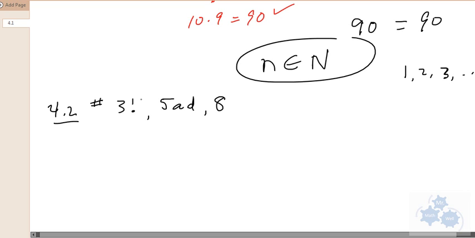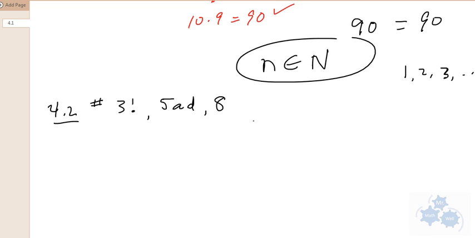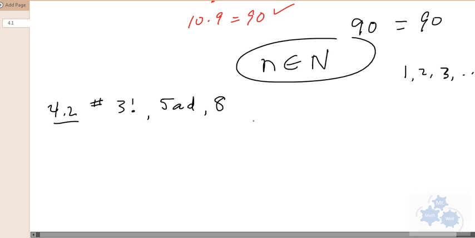Okay, so your assignment is 3 factorial, 580 and 8. Got it? I'm serious. Yeah, what do you mean, am I serious? Yeah, I'm serious. He's like, no way, that's a lot of questions. No, it's actually just this right here. Not 3 times 2.